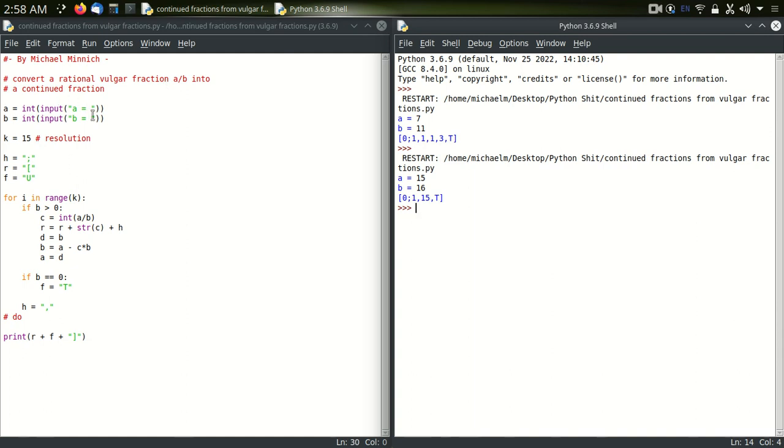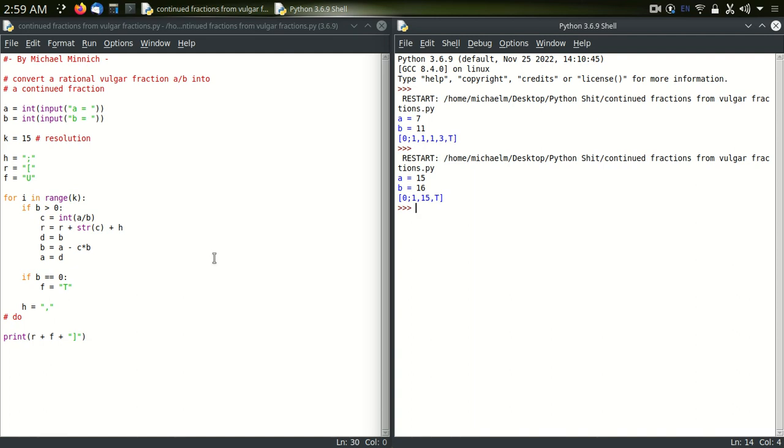The first one you give it is the numerator. The second one is the denominator. And this is all managing it. This one is derived from the first approach that I did. It took floats. It took one float, and it would turn that into continued fractions.